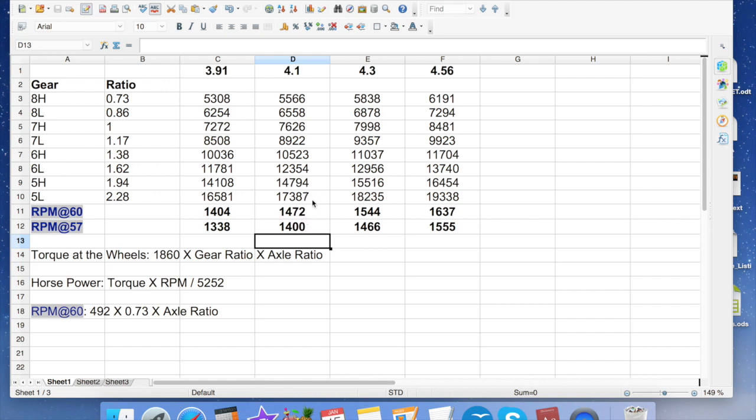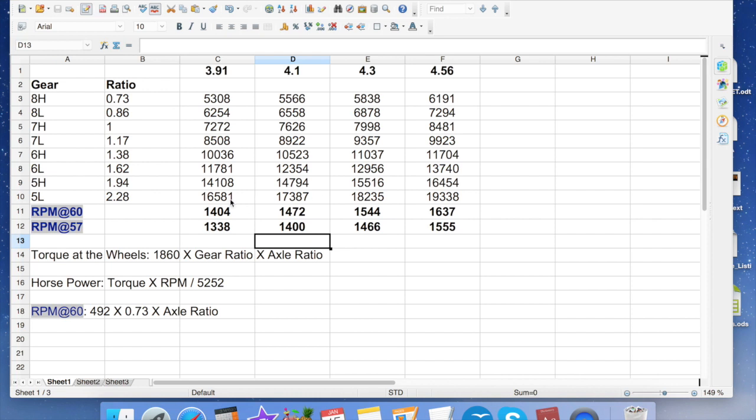And that's a very interesting thing you can discover about this gearing, and of course it took me a while to come up with all these numbers, but from this comparison, you can see that only 4.56 in 5 high provides almost the same torque at the wheels as required here in 5 low.